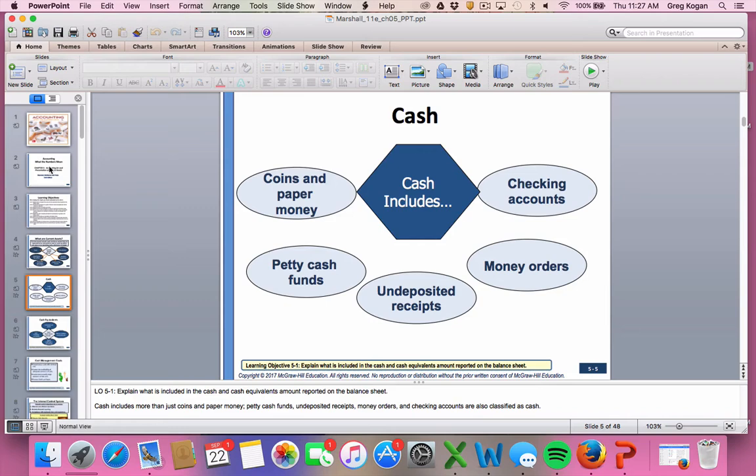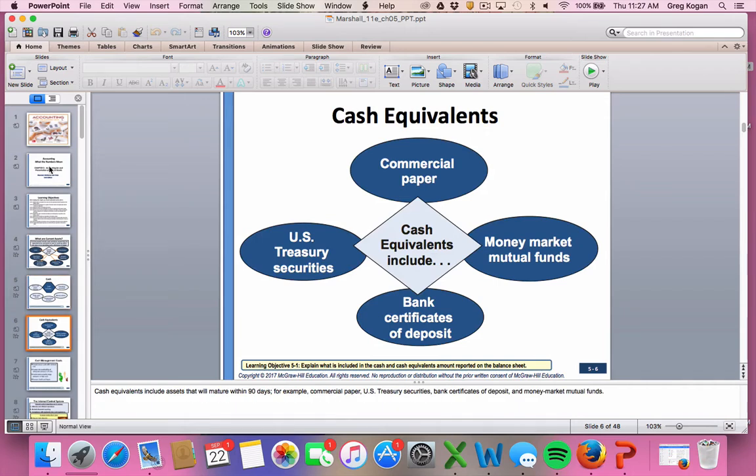So cash includes basically every type of currency that is on hand, and cash equivalents, very important, includes securities as well as money markets and commercial paper. Basically, anything that's short term that matures in less than 3 months can be included as cash.